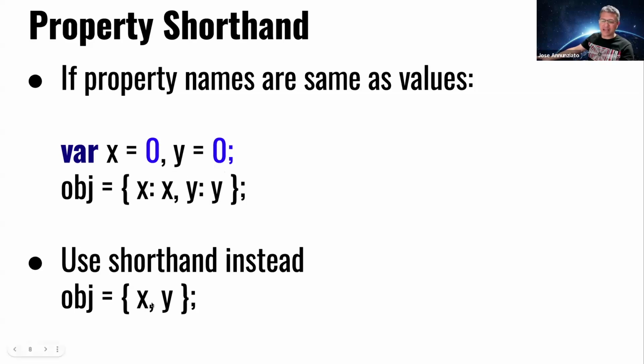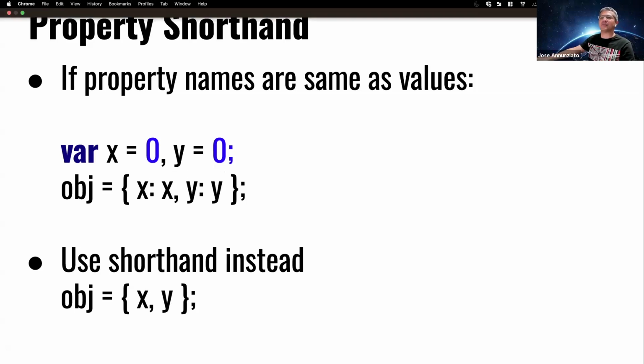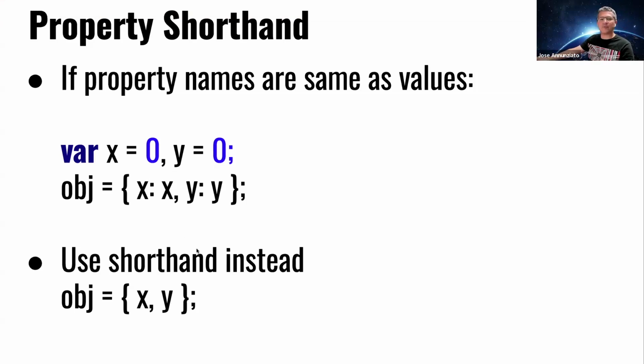You can say just x, y, which is the same as x: x and y: y. This is syntax that we're going to be using quite often throughout the semester, so become familiar with it. Everybody good?